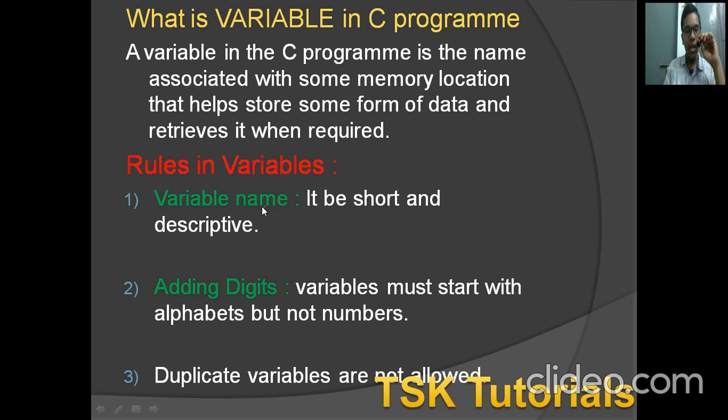First, the variable name should be short and descriptive. For easy access, we are giving a name to the memory location. If you give that name in a very long manner, it's very tough to recall it. Yes or no? For example, I have given a 100-letter word to a simple code. I want to call that and bring that value 10 back.